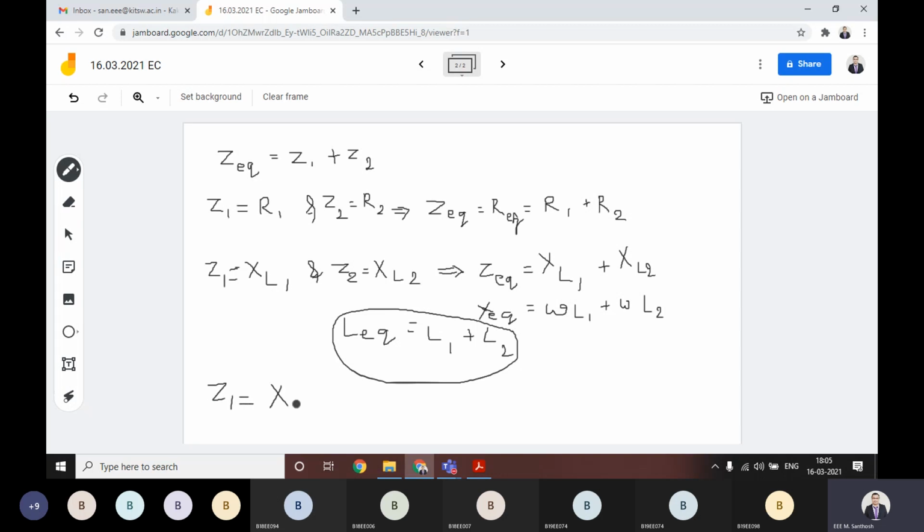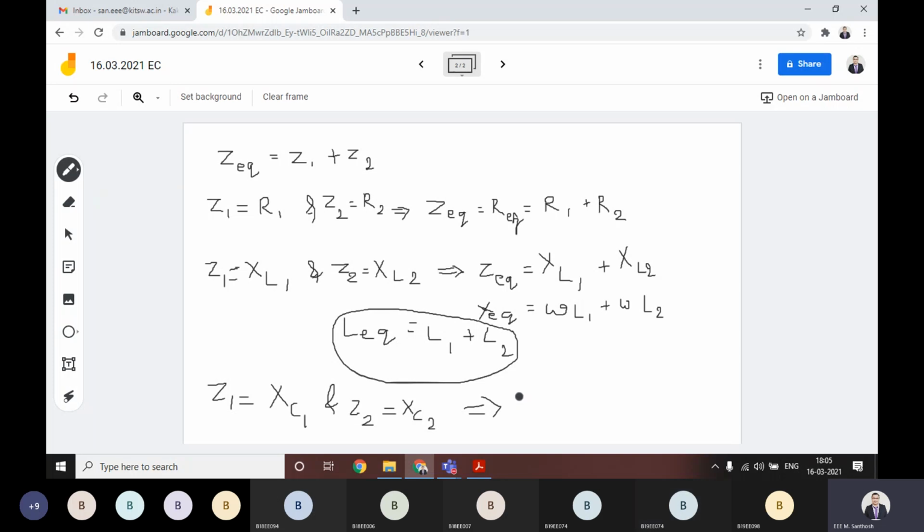If it is XC1 and Z2 is XC2, can anyone tell us the relationship between C1 plus... 1 by... Very good.